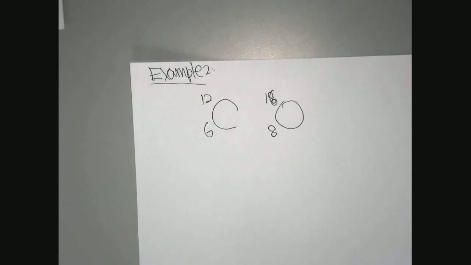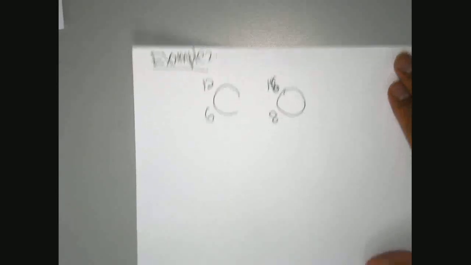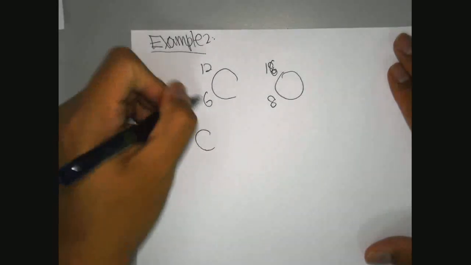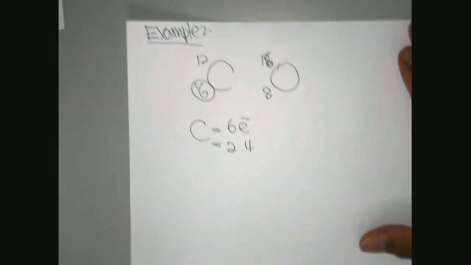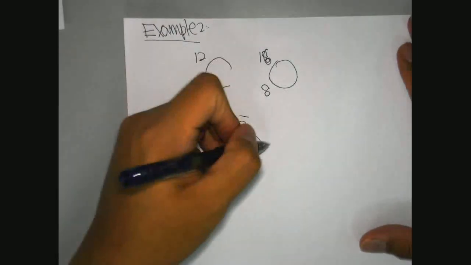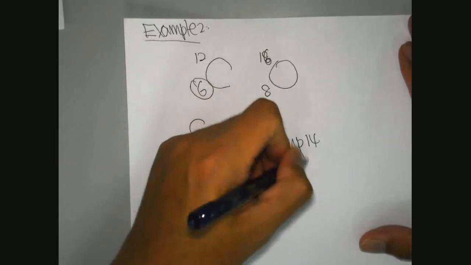To know the bond, we have to know metal or non-metal. To know metal or non-metal, we must know the valence electrons. To know the valence electrons, we refer to the electron arrangement. So we can do it a bit faster. Carbon has 6 electrons. Carbon is 2.4. Carbon has 4 valence electrons. It belongs to group 14. It is a non-metal.